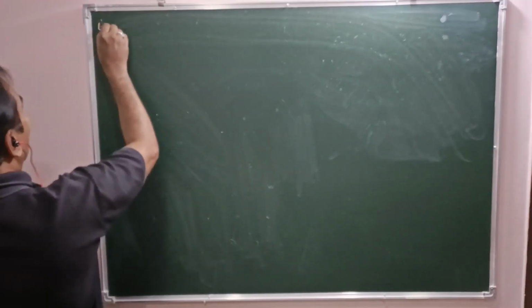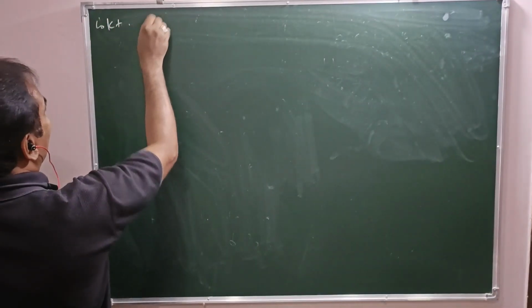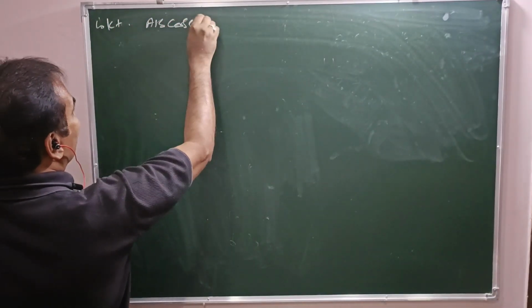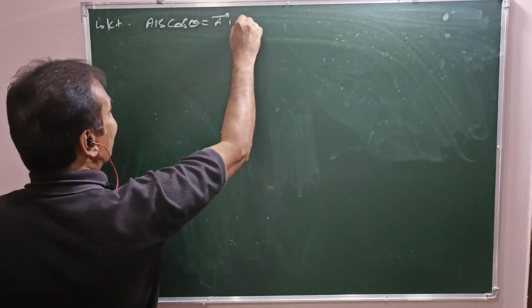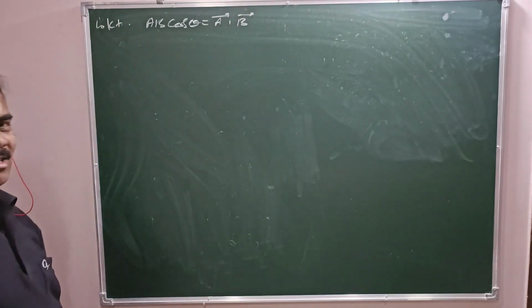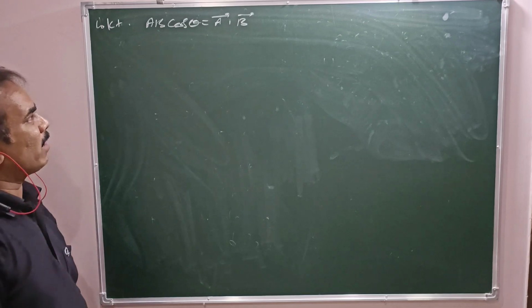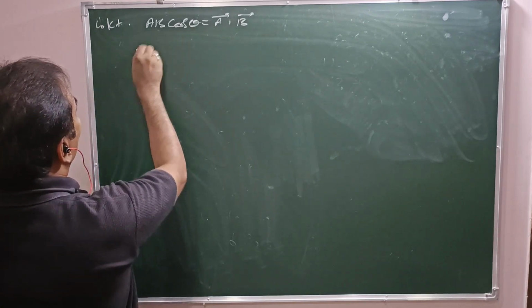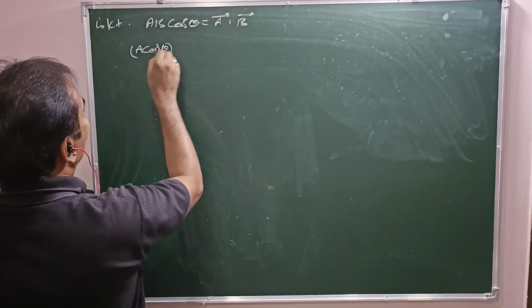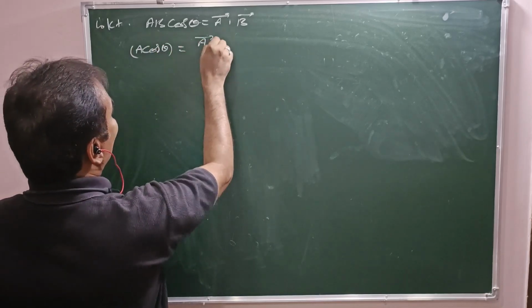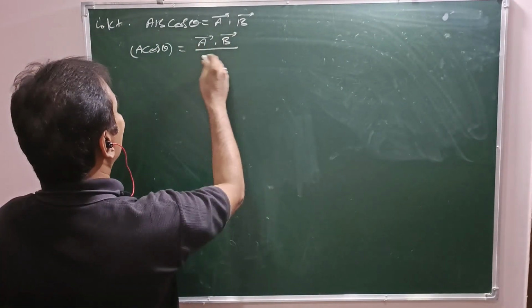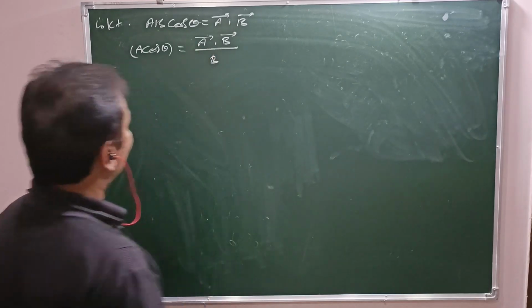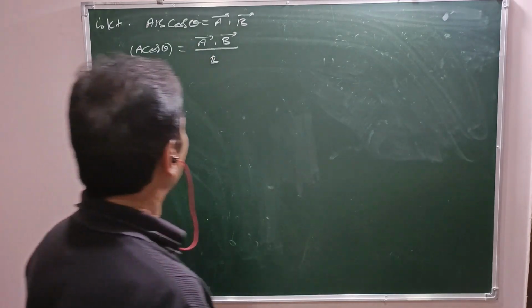We know that ab cos theta equal to a bar dot b bar. Am I right? Now, if we make a cos theta the subject, a cos theta equal to a bar dot b bar by b. Right?